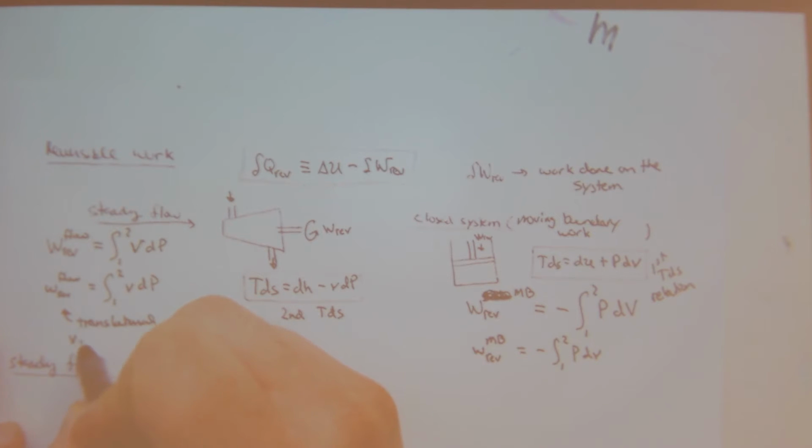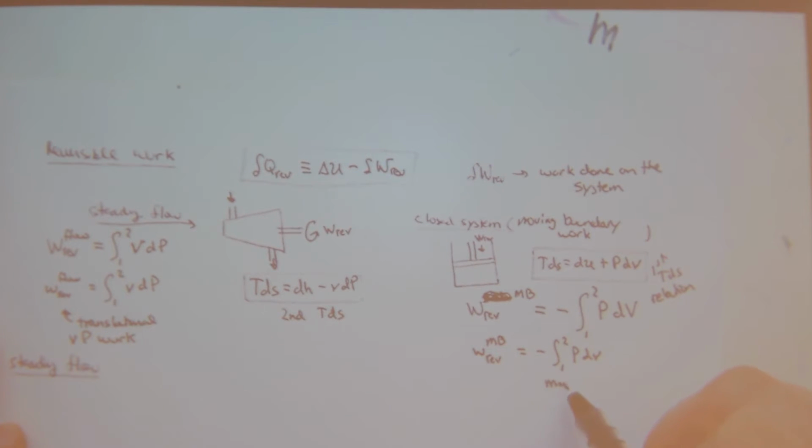I'll call it translational VP work, and then this one, moving boundary PV work. I've already used that, moving boundary PV work, many times. So translational, or translation boundary VP work. I don't know. I'll have to come up with a better name.